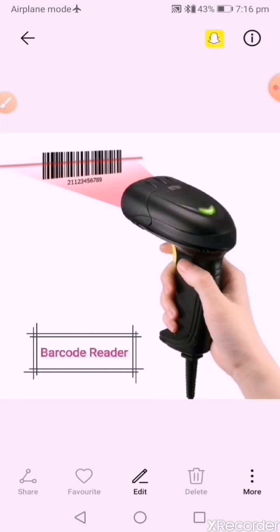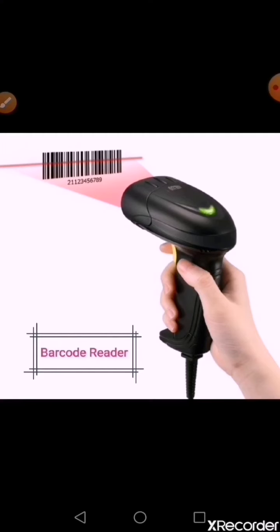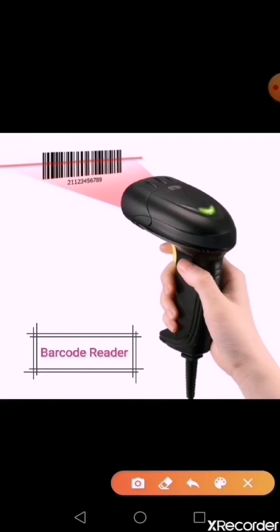As it is clear from this picture, this is barcode reader. This is basically an input device. To be more specific, an optical device. It is used to capture and read information stored in a barcode. This is barcode.